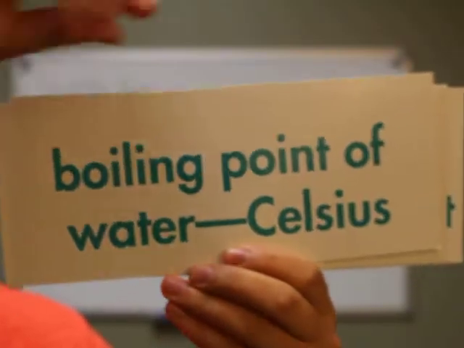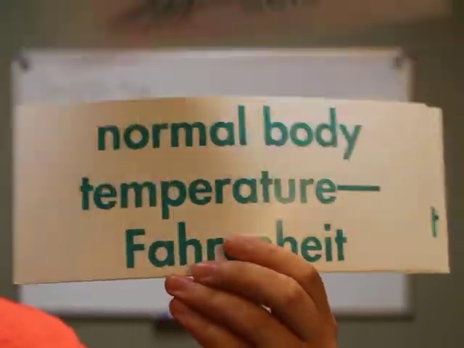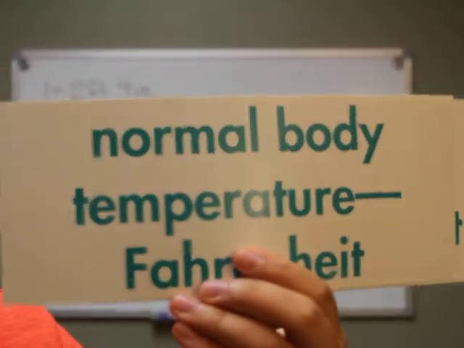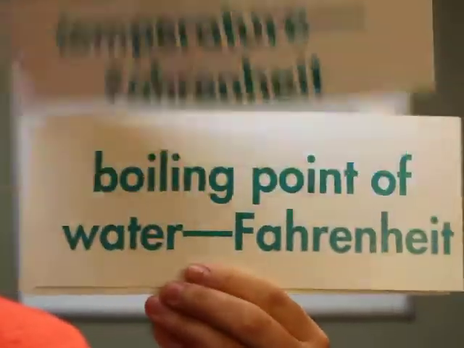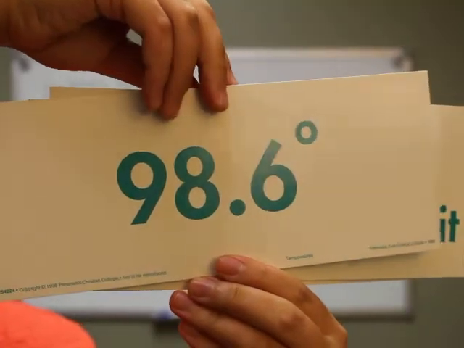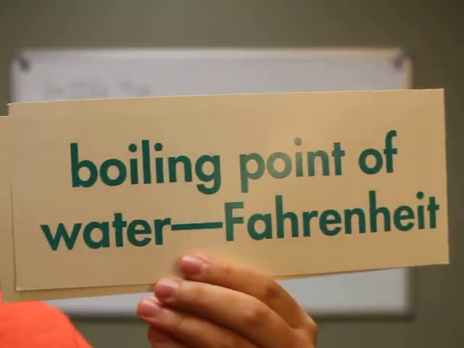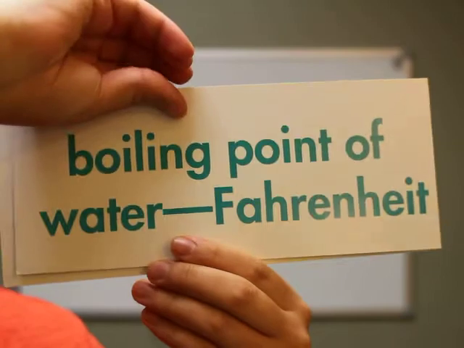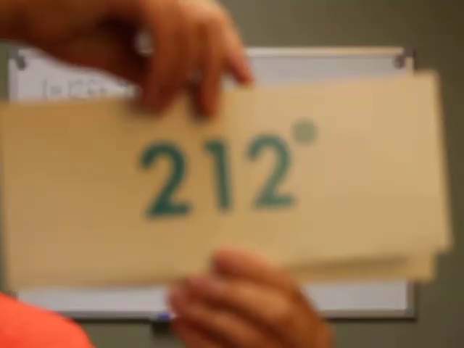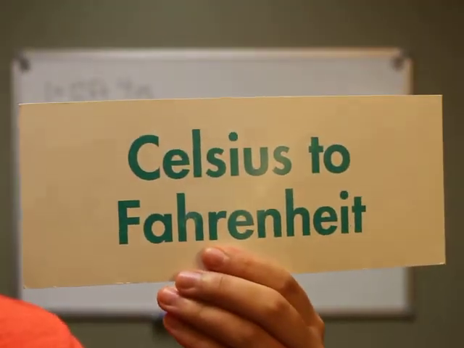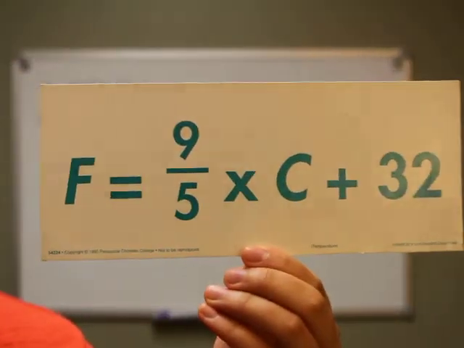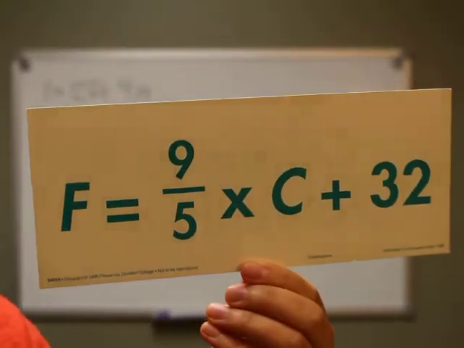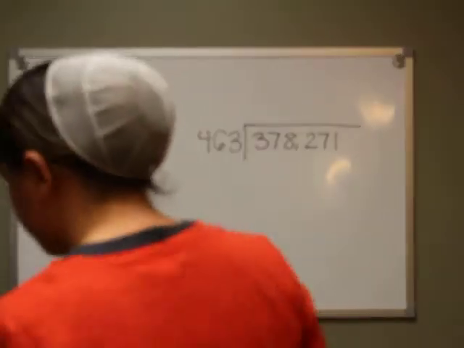What is the boiling point of water, Celsius? 100 degrees. What is normal body temperature, Fahrenheit? 98.6 degrees. What is the boiling point of water, Fahrenheit? 212 degrees. And what is the formula for converting from Celsius to Fahrenheit? F equals 9/5 times C plus 32.